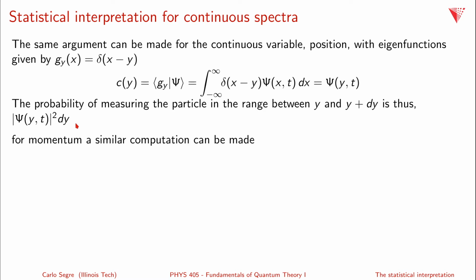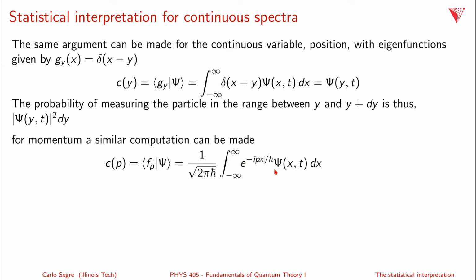We can do the same thing with momentum. Remember, c of p is equal to the inner product of the eigenfunction of momentum, f_p, with psi. Well, the eigenstate of momentum is simply 1 over the square root of 2 pi h bar, times e to the i p x over h bar.